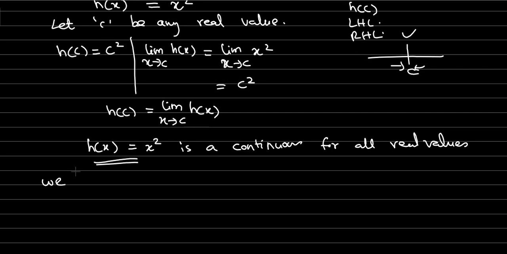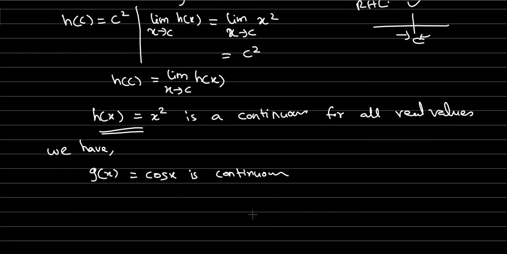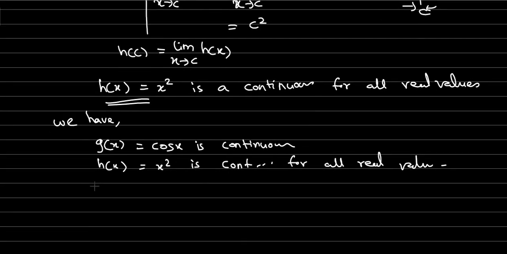So that means g of x equal to cos x is continuous for all real values. Similarly, h of x equal to x square is continuous for all real values. Now the composition of two continuous functions is continuous.